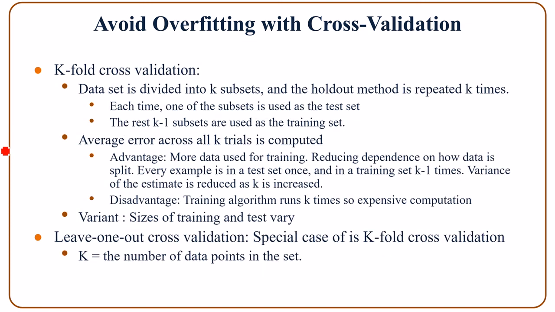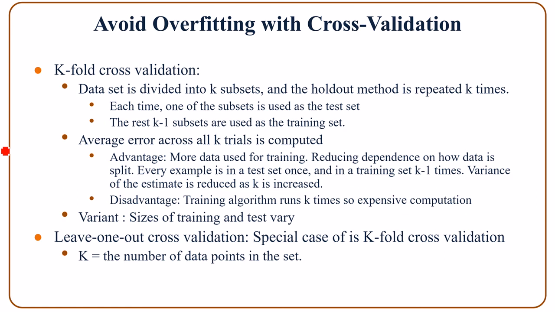In the k-fold cross-validation approach, the data set is divided into k subsets, and then we repeat the holdout method k times. Each time, one of the subsets is used as a test set, and the rest, meaning k minus 1 subsets, are used for training your model. Afterward, we average the error across all the k trials.